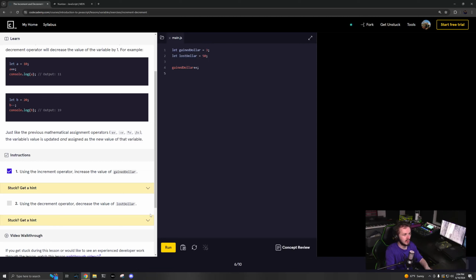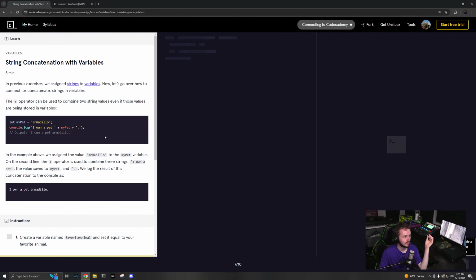And then now we're going to do lost dollar minus minus, it will be 49. And again, you can't do gained dollar times, because multiplying itself by 1 makes absolutely no sense. It only works for these two.